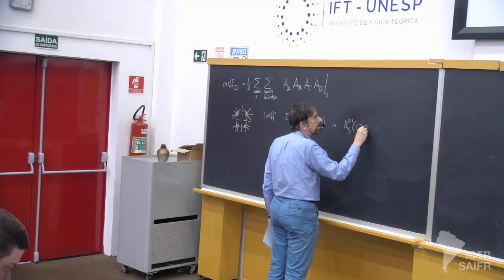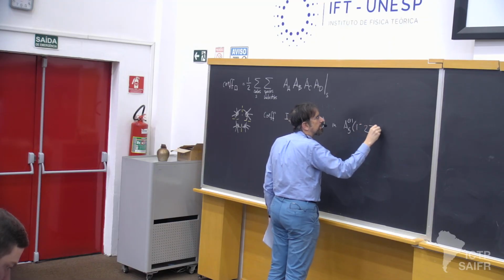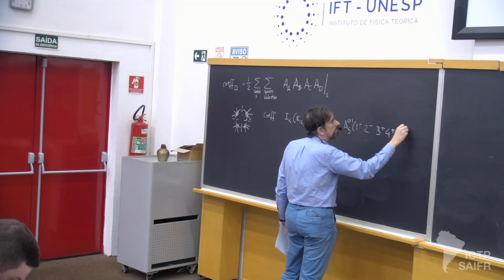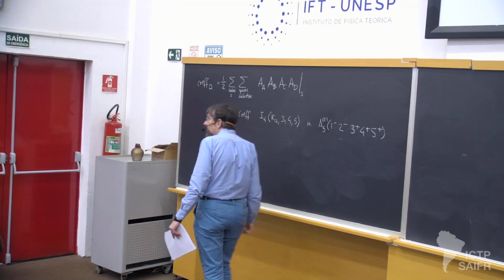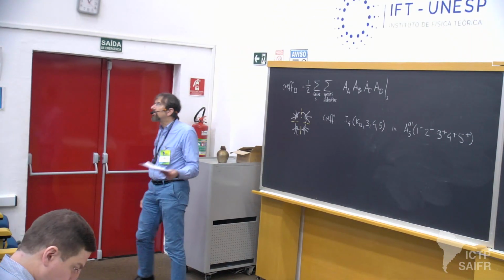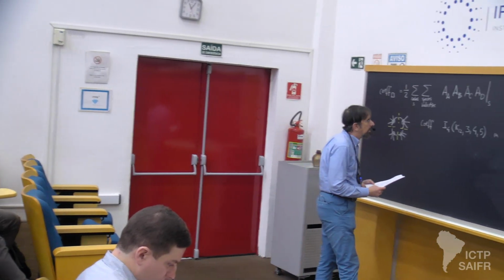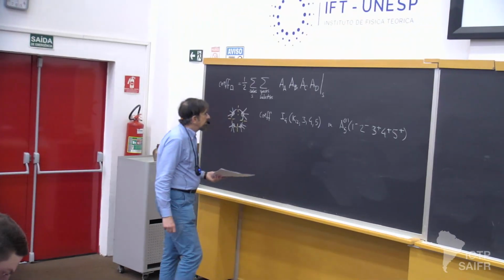We're going to look at the leading color contribution, because as I explained yesterday at one loop, the sub-leading color contributions are just sums of leading color contributions, so you don't need to compute them independently.